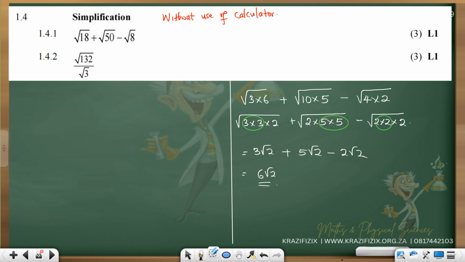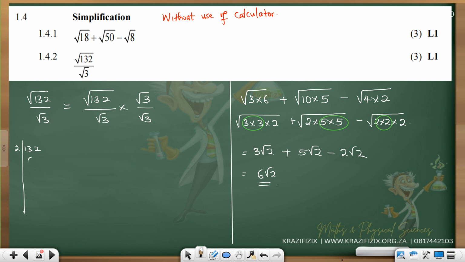All right, what about this one? Root 132 over root 3. You would notice now here, we rationalize. But 132 times root 3. Okay. Can we break down 132? We don't want to use calculators, so let's be smart. Let's do it on the side. 132. This will be what? 60. No, I'm lying. 66. Oh, I see 33. I see 3 and I see 11. Okay.